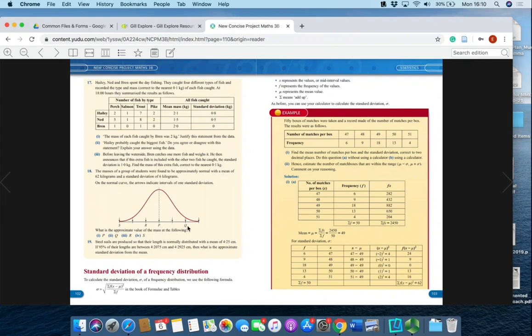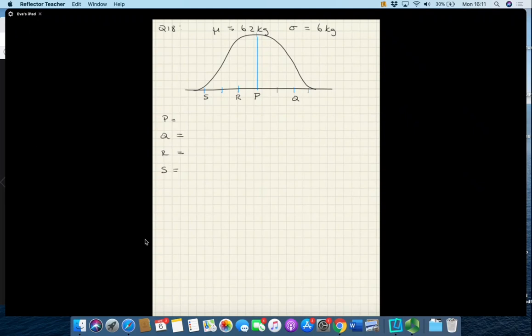It's calling this one up here 2 up Q, and 1 down R, 3 down S. And we have to figure out what is P, what is Q, what is R, and what is S. Well, you have to know that P is always the mean in a normal distribution curve. So that's quite simply 62 kilograms.